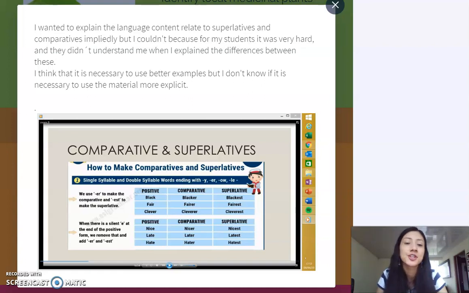I think that it's necessary to use better examples, but I don't know if it's necessary to use more explicit material or probably to do a previous session to socialize the vocabulary.